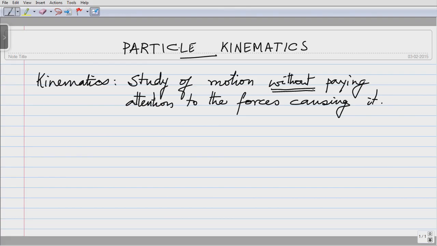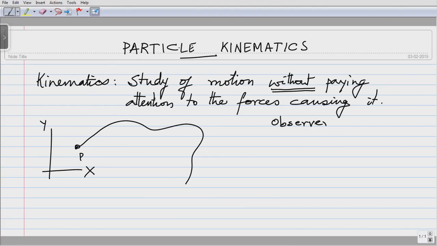So, what would be an example of something like this? Let us say I have a particle P moving along some trajectory on a plane xy. The first point we have to understand is the observer. Who is the observer?